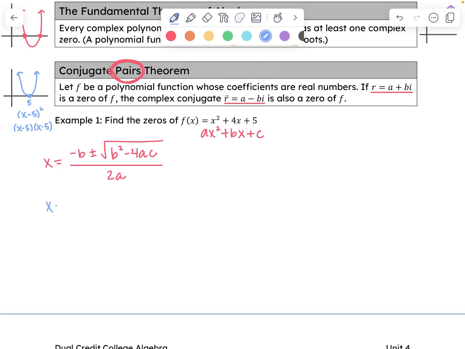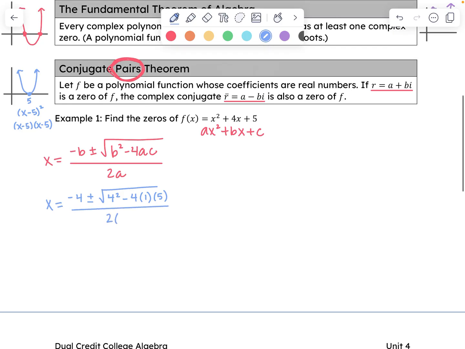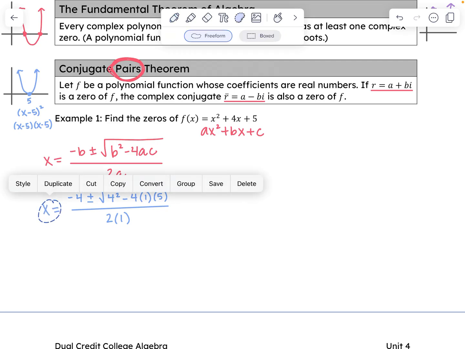So x equals negative b would be negative 4 plus or minus square root. B squared would be 4 squared minus 4 times a is 1 times c is 5, and it's all over 2 times a, which is 1. We can start cleaning it up a little bit.